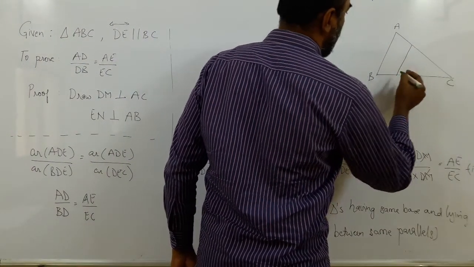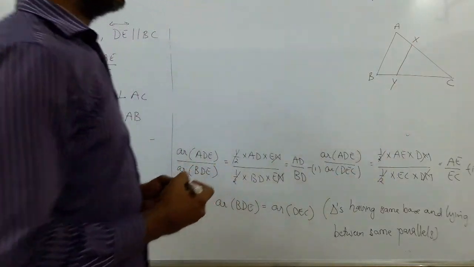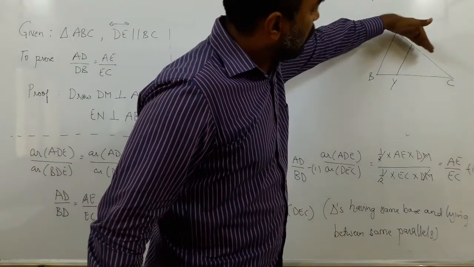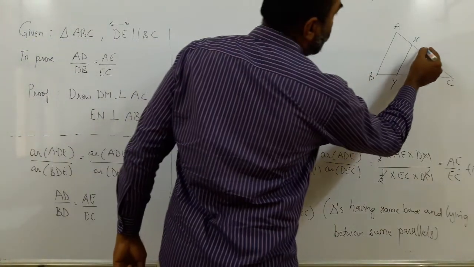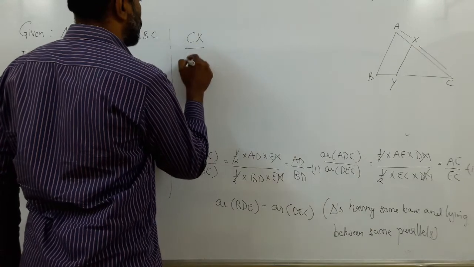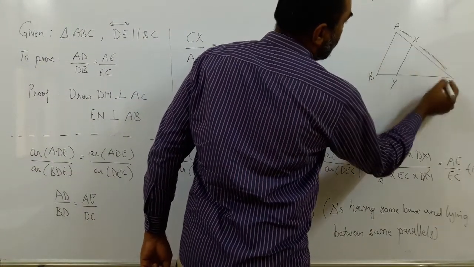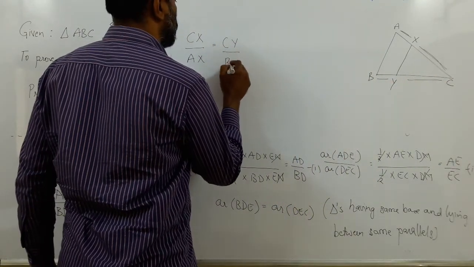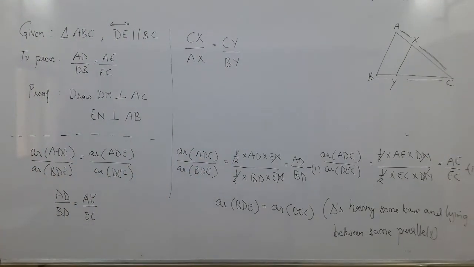Let me call the points X and Y. So here, line XY is parallel to AB, cutting the other two sides in two distinct points. And what do we get? The ratio of the other two sides: CX upon AX equal to CY upon DY. See the order.